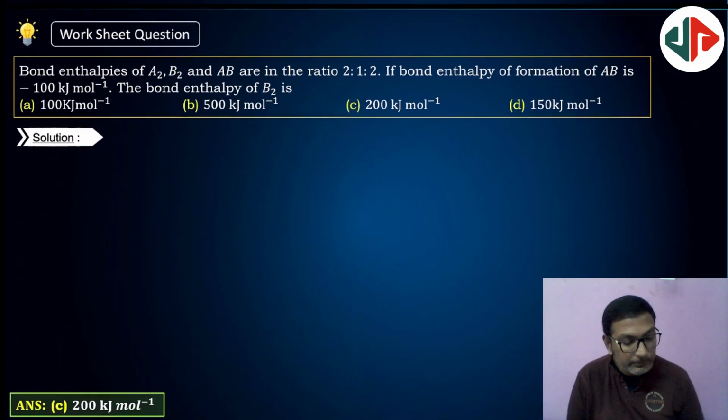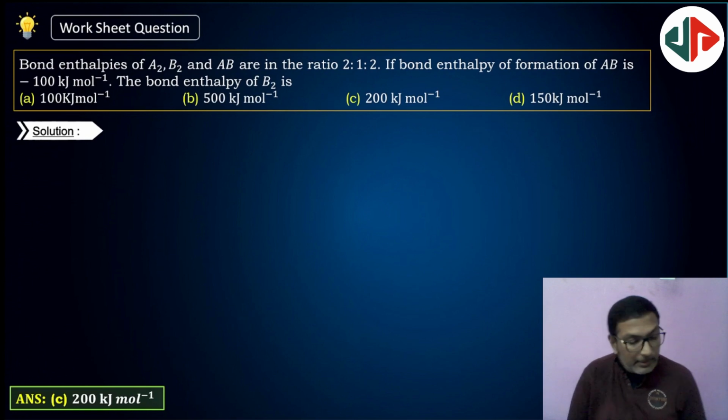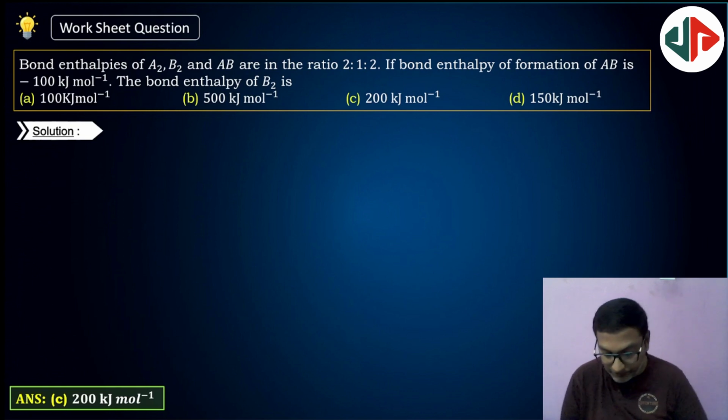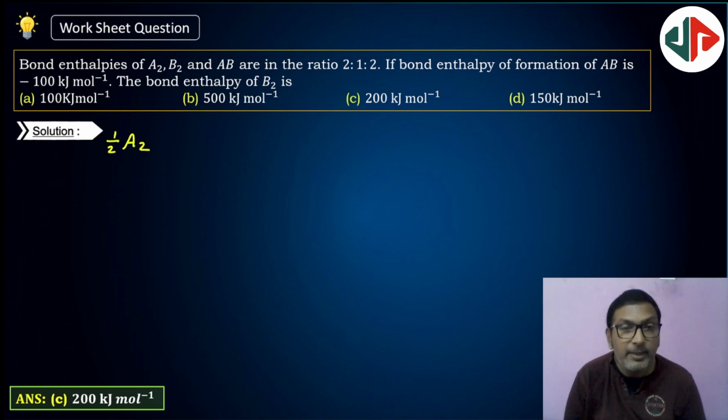Bond enthalpies of A2, B2, AB are in the ratio of 2:1:2. If bond enthalpy of formation of AB is minus 100, bond enthalpy of B2 you must calculate. See here, half A2 plus half B2 gives AB.